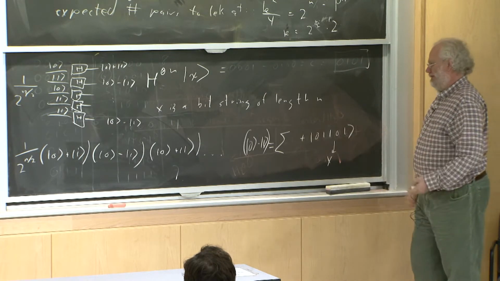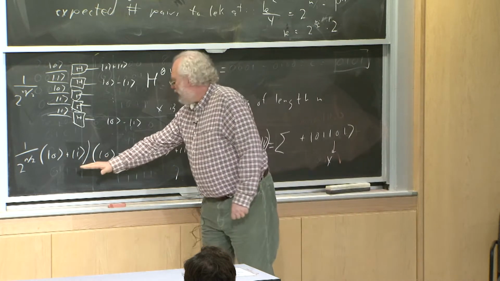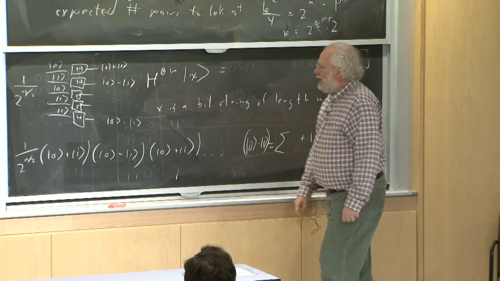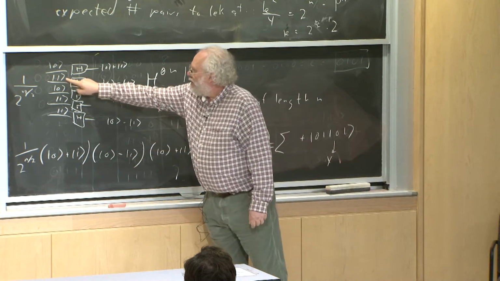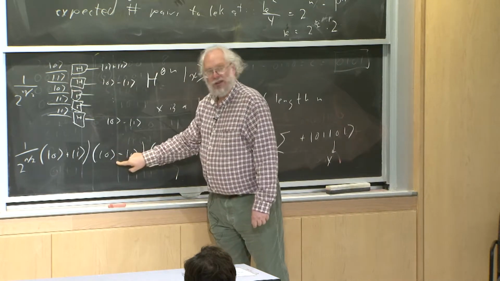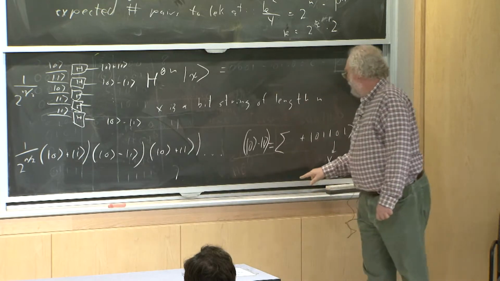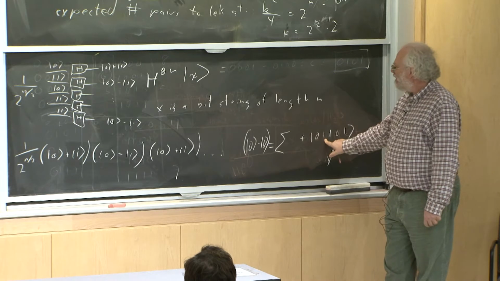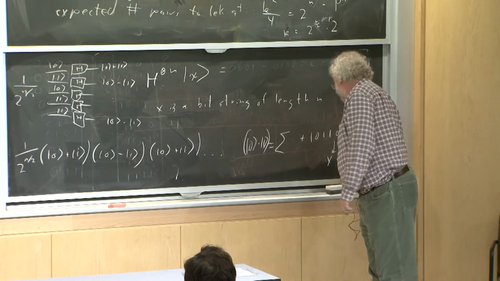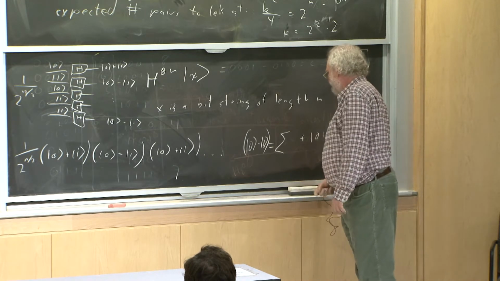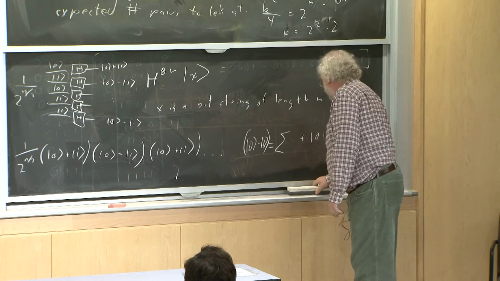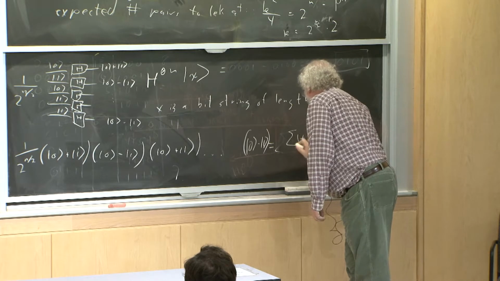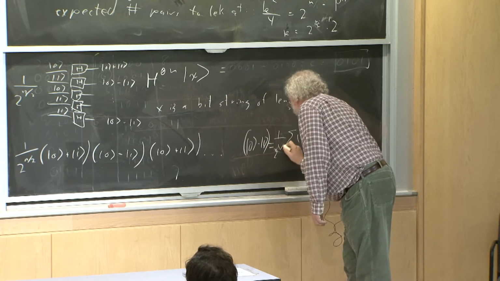And in fact, if you expand this out, you get a minus 1 exactly when X has a bit that is a 1 and Y has a bit that is 1. So let's put a 2 to the n over 2 here.